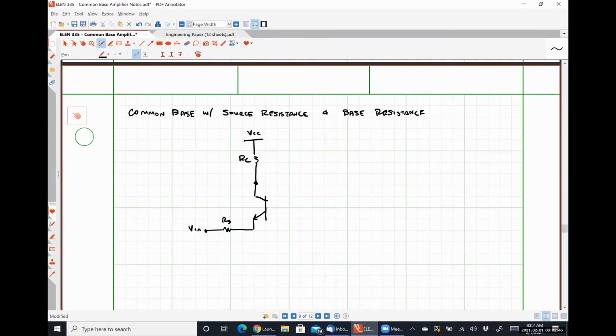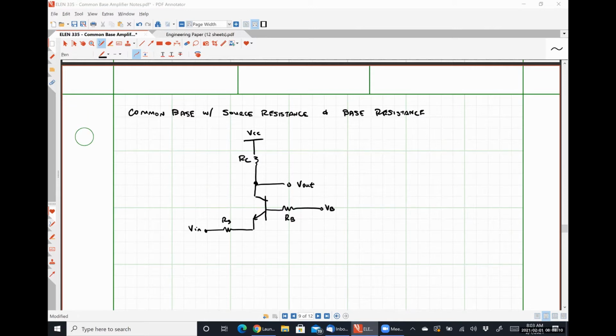Here is our input voltage. Over here, we have some base resistance, RB. We have a bias voltage applied, and we are still taking our output at the collector terminal because that's what we do when we have a common base amplifier.